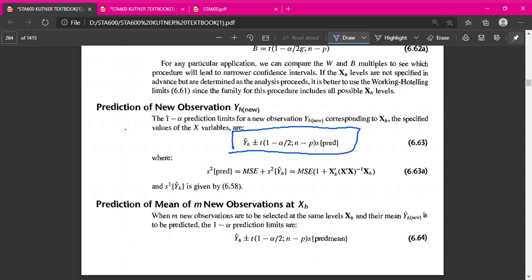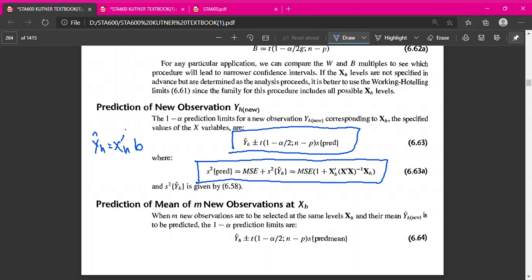Which is Xh transpose multiply b. Okay, put the value here. And then di sini formula untuk dapatkan variance for the prediction of the new observation. Okay, so kat sini MSE plus S square h, ataupun you can use this formula, either one lah.